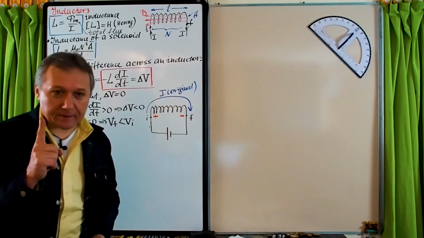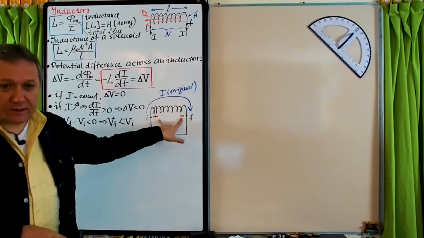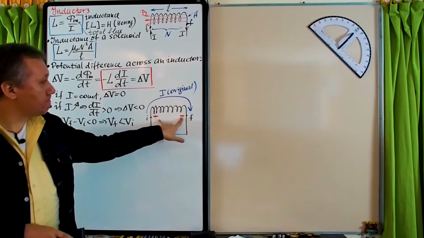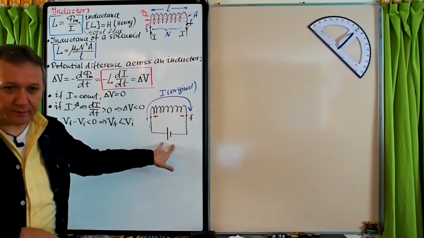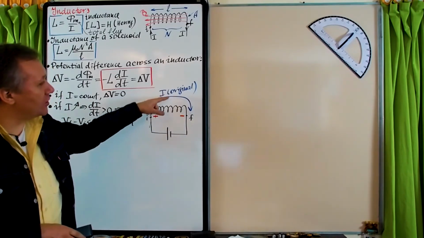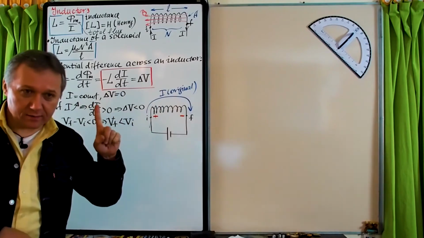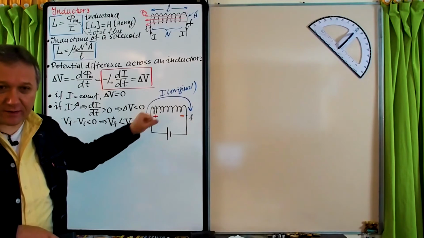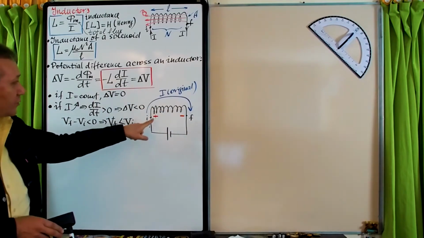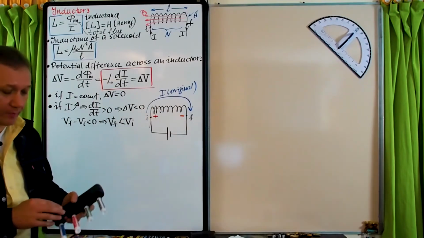And you need to understand, this is produced by the solenoid. It's not produced by this battery. The battery changes this current, and then the solenoid starts responding to the fact that the current changes. So basically it produces here a higher potential and a lower potential, right?